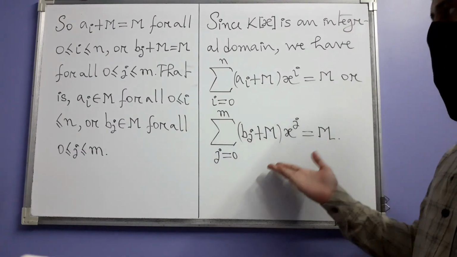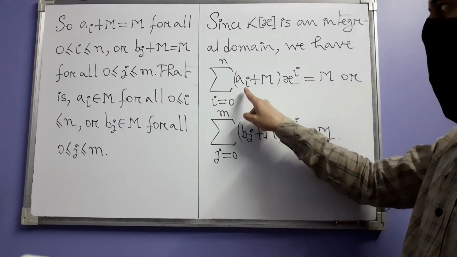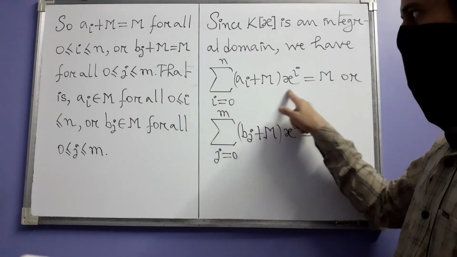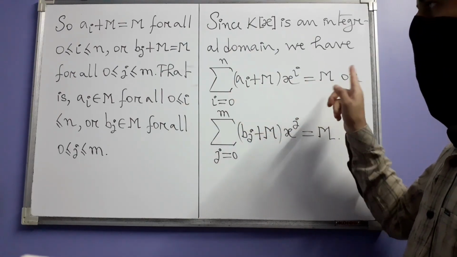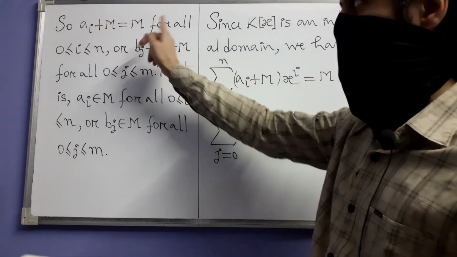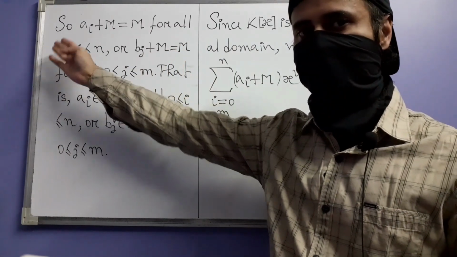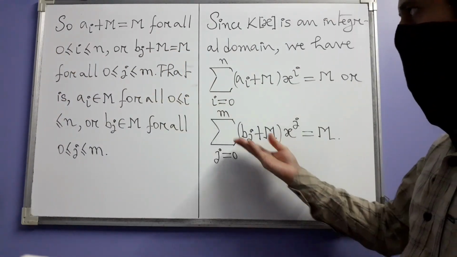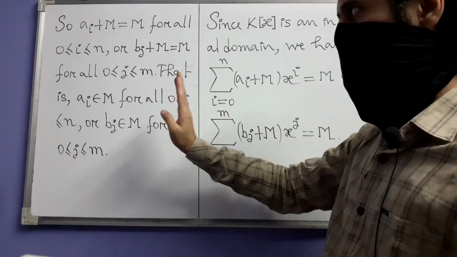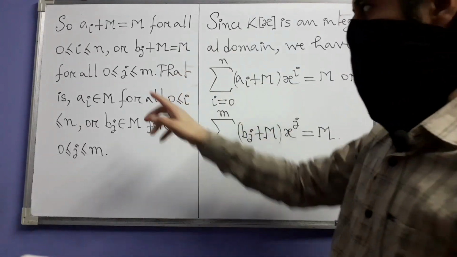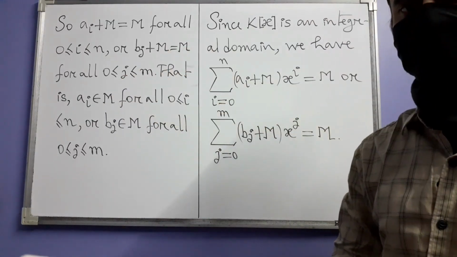So what does that imply? It implies that either all the coefficients of this polynomial are equal to M, that is, all ai plus M is equal to M for all such i, or all bj plus M is equal to M for all such j.